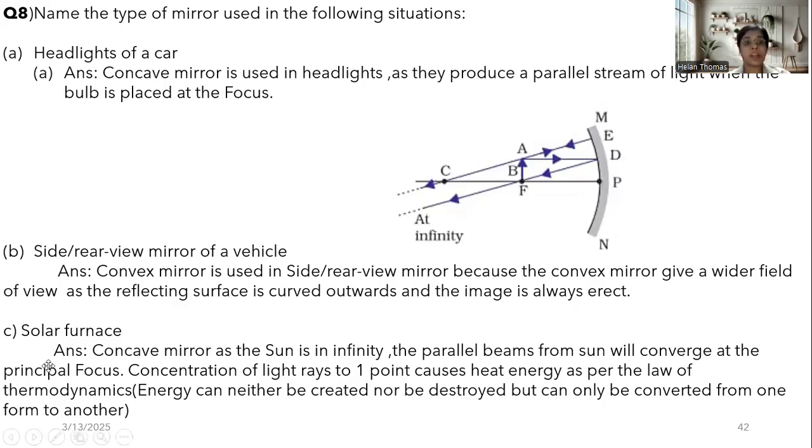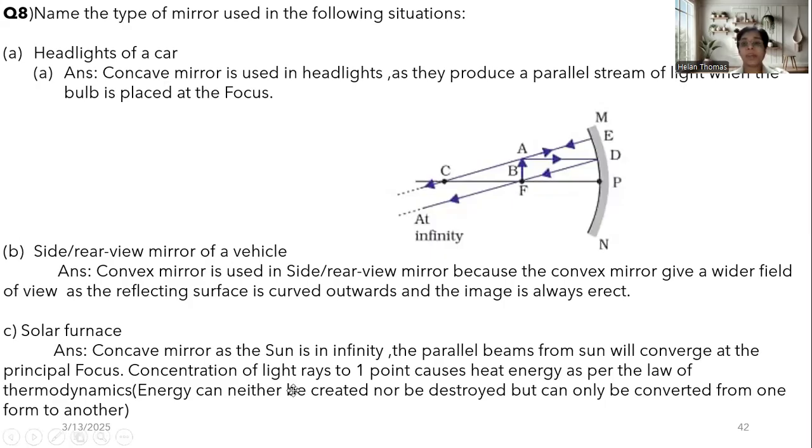And then the solar furnace. In a solar furnace, the concave mirror is used because the sun is at infinity. So the parallel beams from the sun will converge at the focus, and at the focus you keep the coil. The coil will get heated up, and that heat is used to heat the furnace.